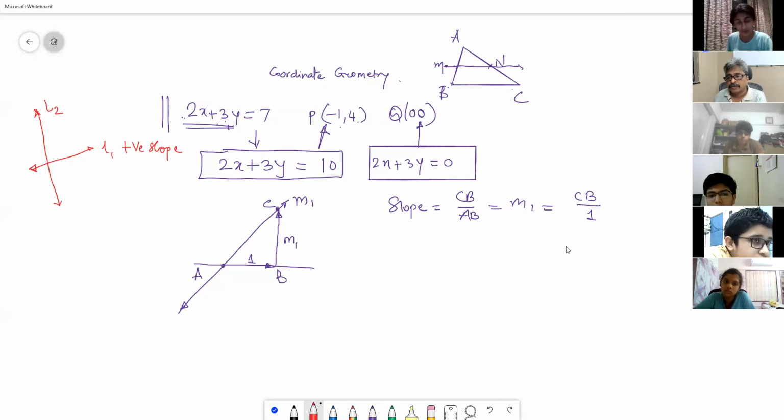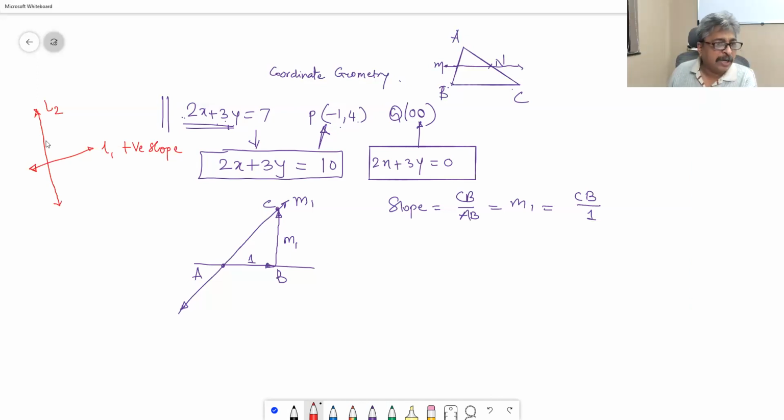What do you think? Sir, negative slope. Negative. Why? If L1 has a positive slope and L1 is perpendicular to L2, therefore L2 will have: option A, positive slope, option B, negative slope. Why? The answer is very simple.